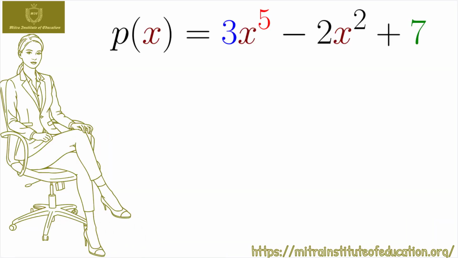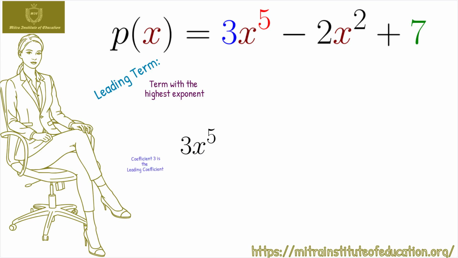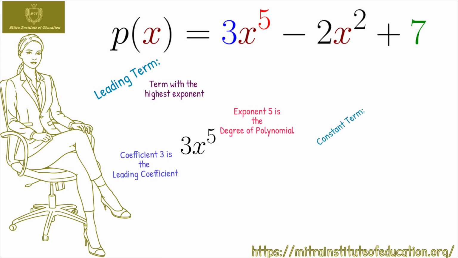In a polynomial, the term with the highest exponent is called the leading term. The leading coefficient is the number that multiplies this leading term. The degree of the polynomial is the exponent of the leading term. The constant term is the term without a variable.